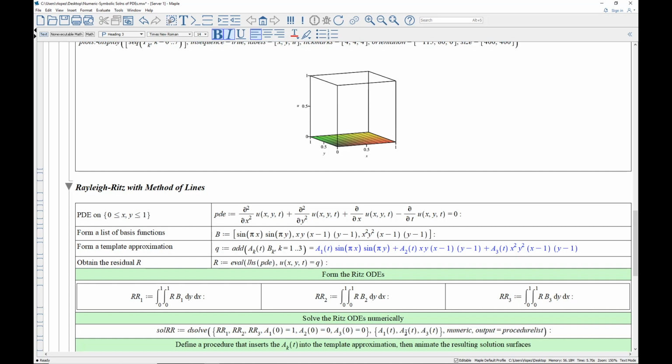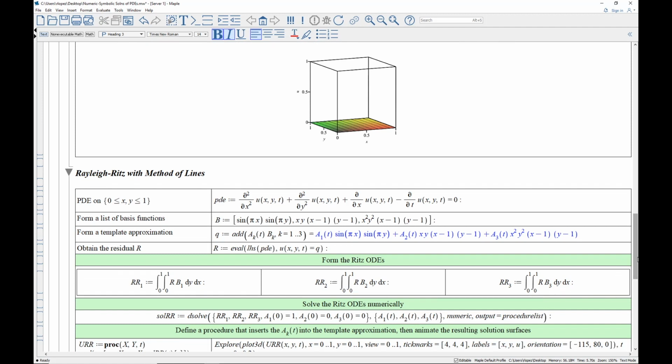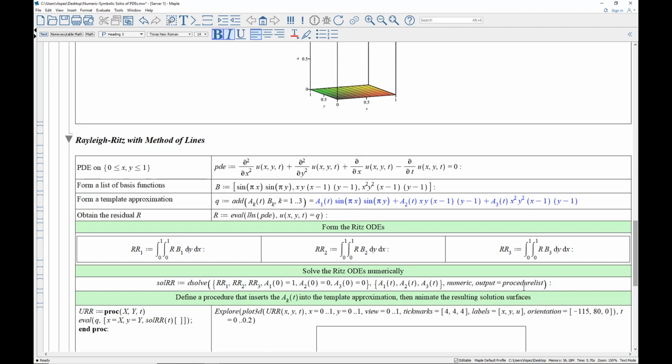So you are solving this initial value problem for these 3 functions with a numeric solution, and we return procedures by procedure list. So we need to get those procedures into a form where we can invoke a solution into the template.